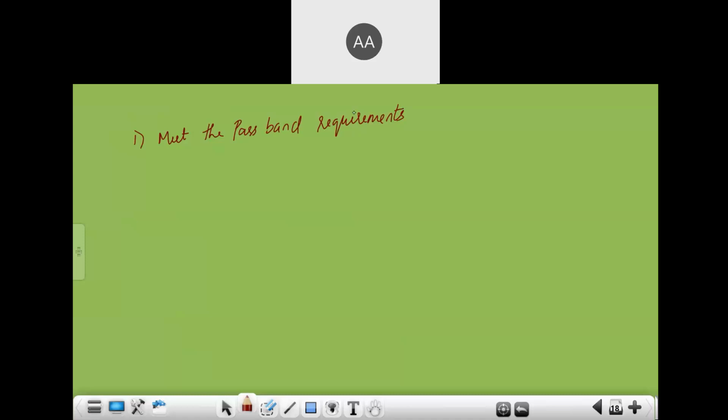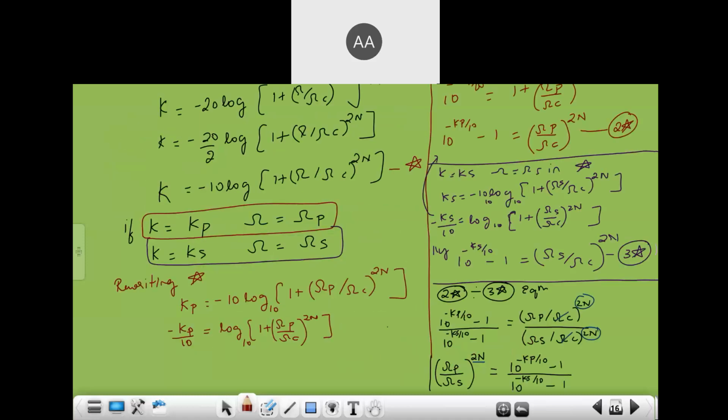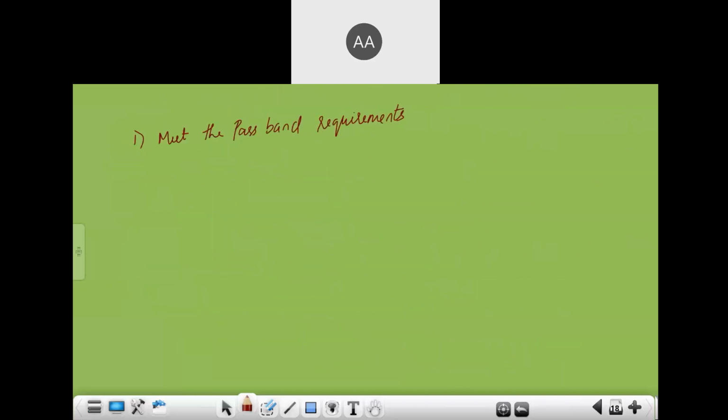Omega c and omega p, remember? So let me go back. So let us see the equation. Yeah, 2 star and 3 star. Consider the equation 2 star. So if it is passband requirement you have to meet, consider equation 2 star.